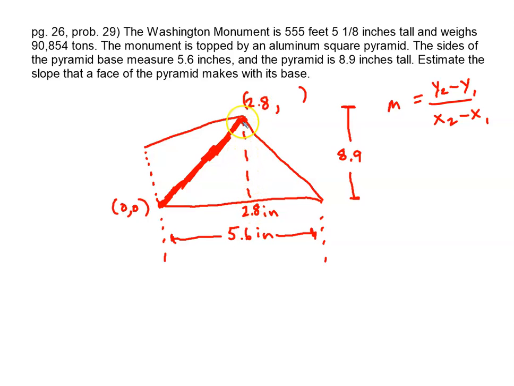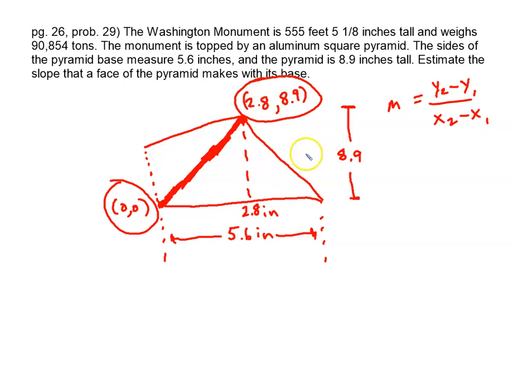And then to get up to the point, you would have to go up 8.9 inches. That would be the other coordinate of that point. So now I've given you two good ordered pairs that you could use to represent the line that corresponds to the face. Really it's a line segment.